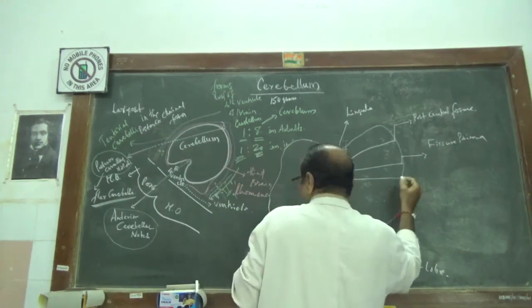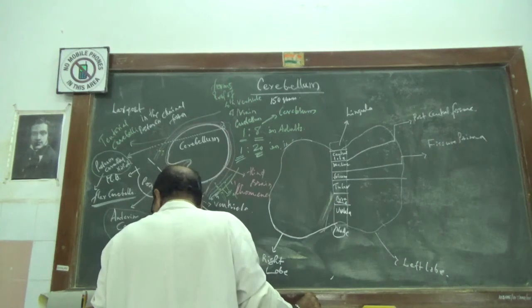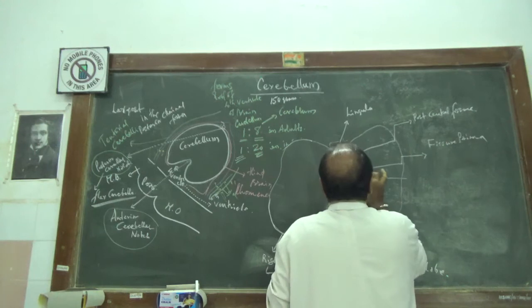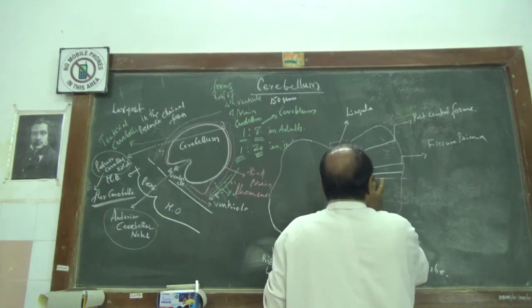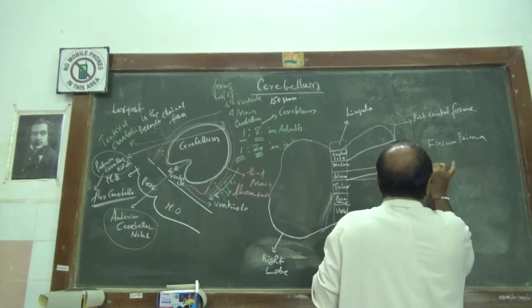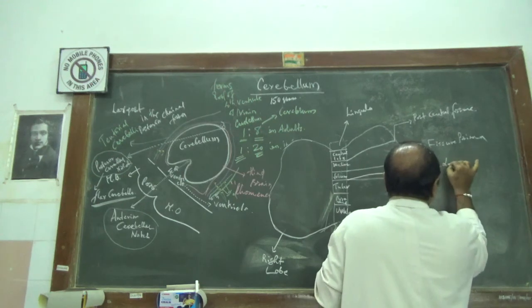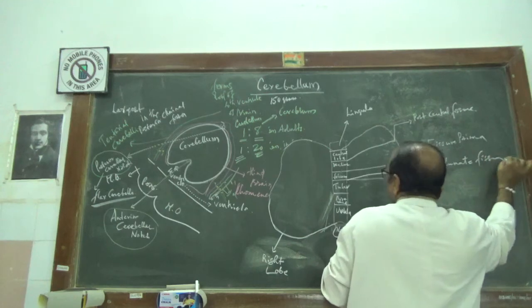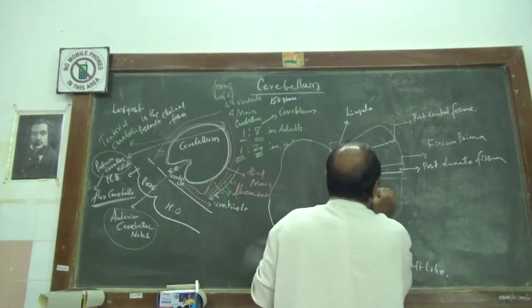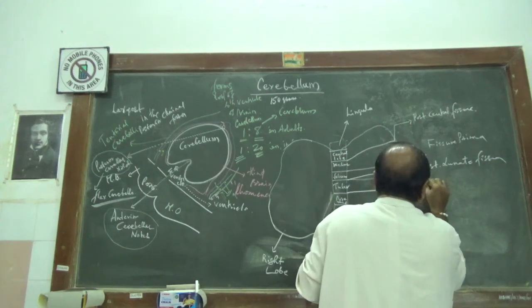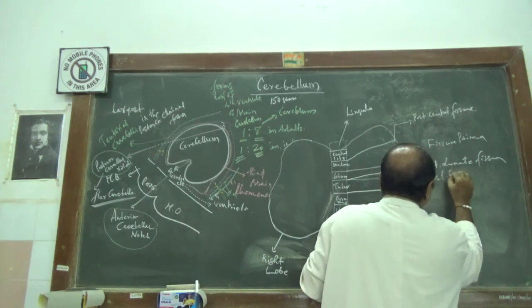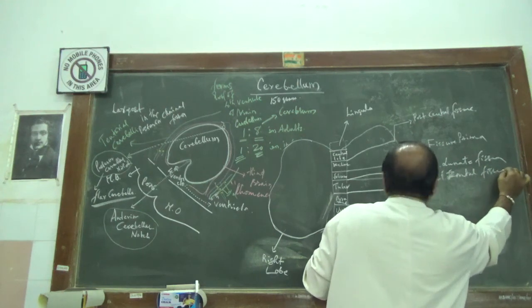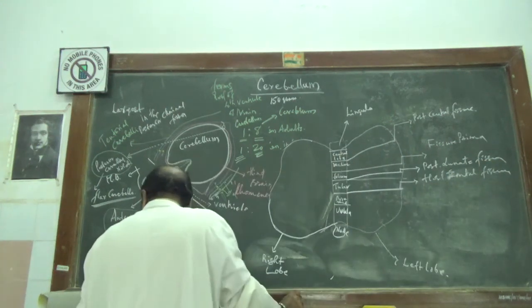Then this is the post-lunate fissure. This thing is the horizontal fissure.